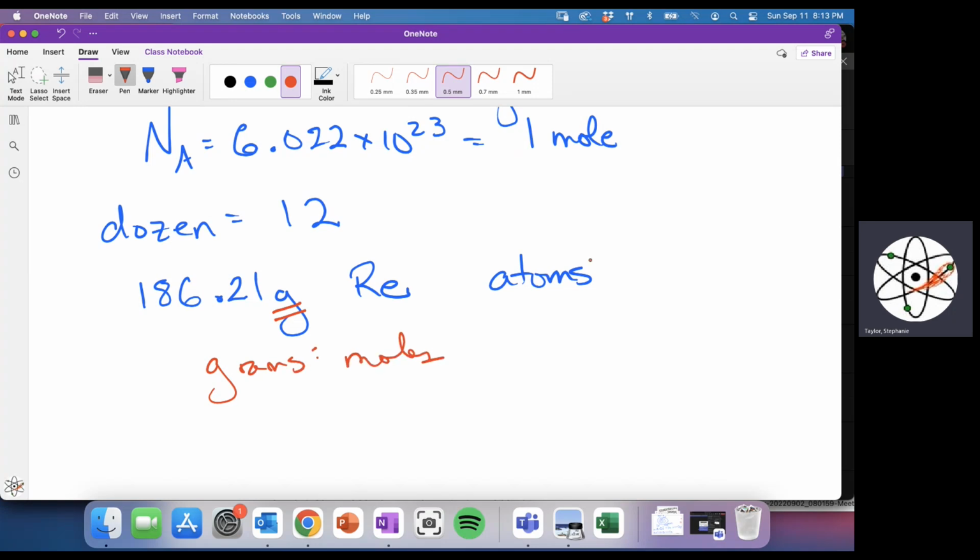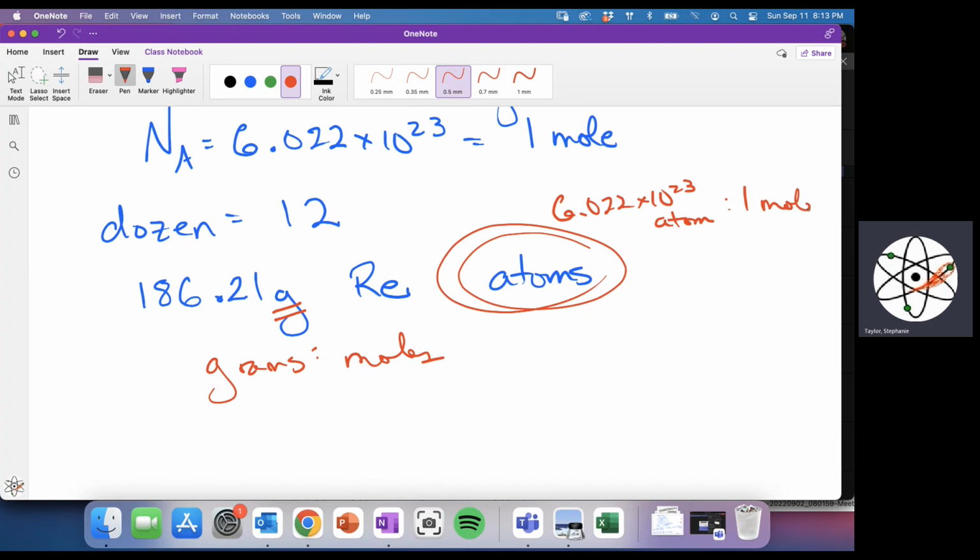And whenever I want atoms, this is when I actually use Avogadro's number, because that's how I'm going to get to atoms. There are 6.022 times 10 to the 23rd atoms in 1 mole. And this is what relates us back to the mole, well, it relates us back to the periodic table.